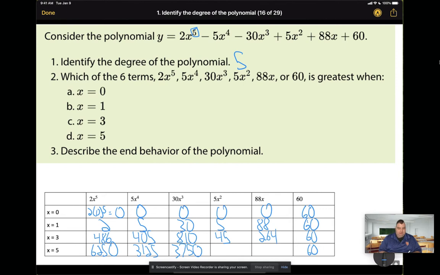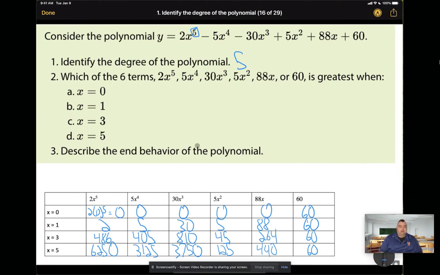So that's going to be 5 times 5 squared if I plug in 5. So that's 125. And then 88x is going to be 88 times 5, which is 440. So we found all those values.